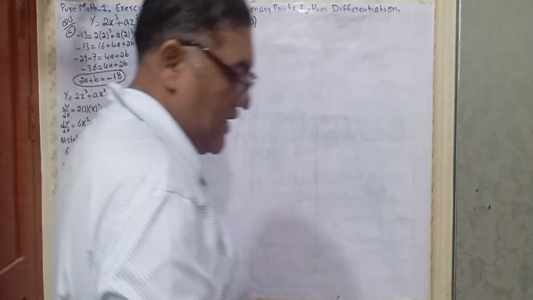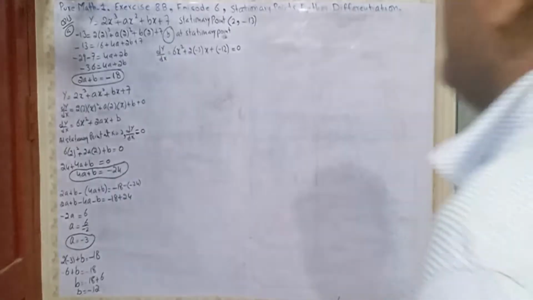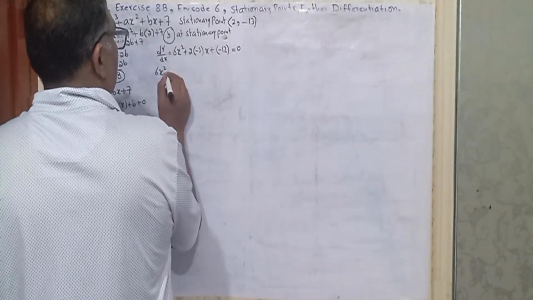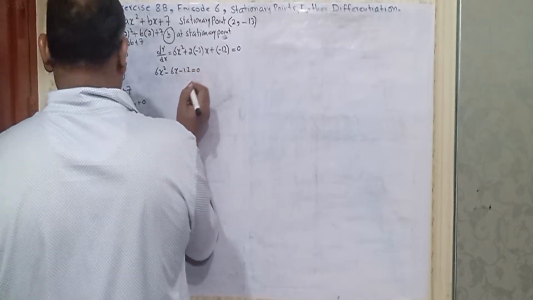At the stationary point, we know that dy by dx must be 0. So this becomes 6x squared minus 6x minus 12 equals 0.